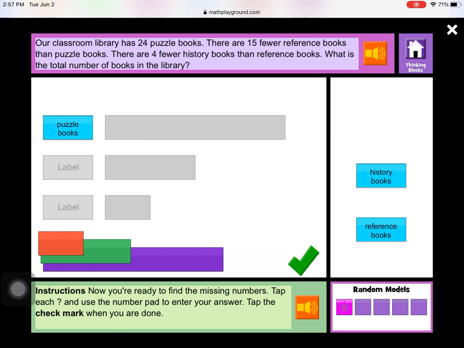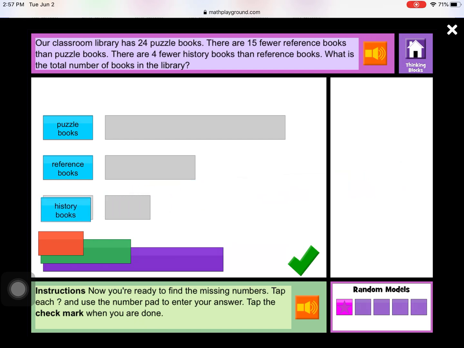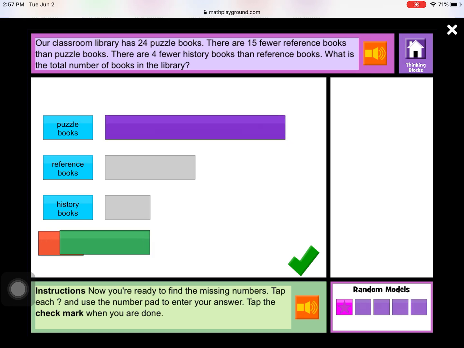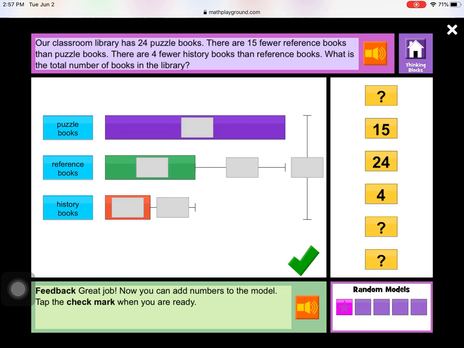Then I have that there are 15 fewer reference books than puzzle books, and there are 4 fewer history books than reference books. So I believe puzzle books has the most, reference books has the next amount, and then history books has the least. Now I have to look and compare my numbers and see if I can match these up.